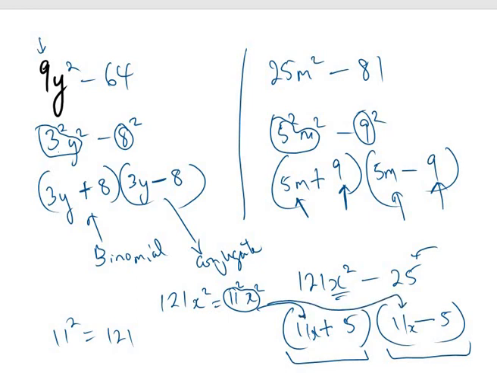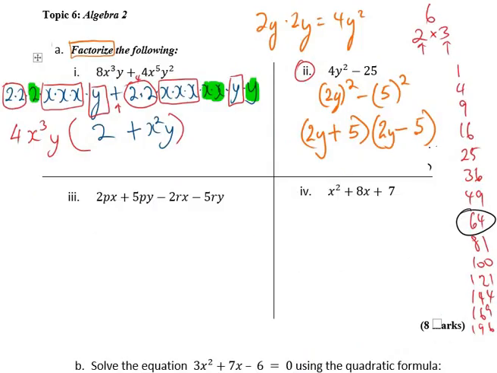And the 25 can be written as 5 squared. So we choose this portion to go here as well as over here. And that's that. Okay, so now that you've gathered how to do that one, let's go on to 3.